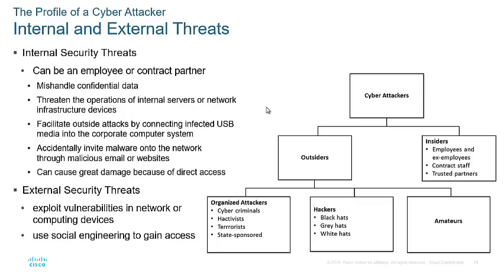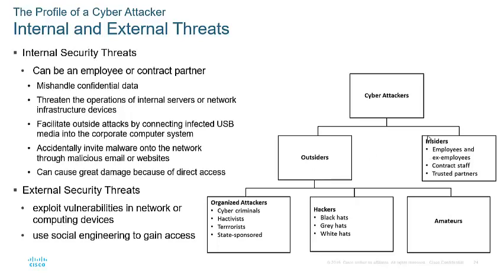They accidentally invite malware into the network through malicious email or websites. They also can cause great damage because of direct access. And then we have external security threats, and these are the exploitation of vulnerabilities in a network or computing devices. They use social engineering to gain access. So here you have the cyber attacker, and then we have outsider attackers and insider attackers.